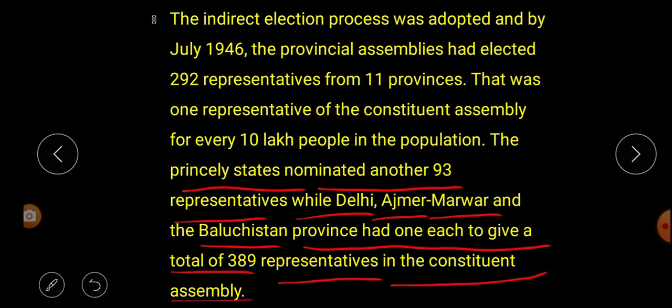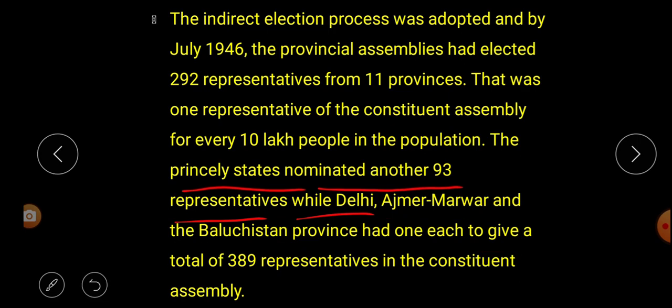Listen, the princely states had nominated how many? 93 representatives. And Delhi, Ajmer, Marwar and Balochistan province had one each, to give a total of 389 representatives in the Constituent Assembly.